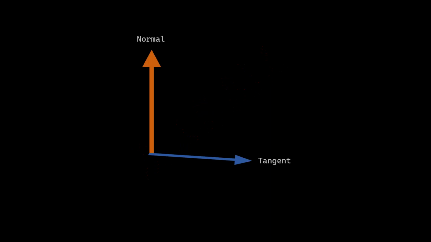Then we need what is called the bitangent. This is the up vector and it is also perpendicular to the normal. How do we get the tangent and bitangent? We need to do some calculations to get the tangent. However, once we get the tangent, we can easily get the bitangent by doing the cross product between the tangent and the surface normal.